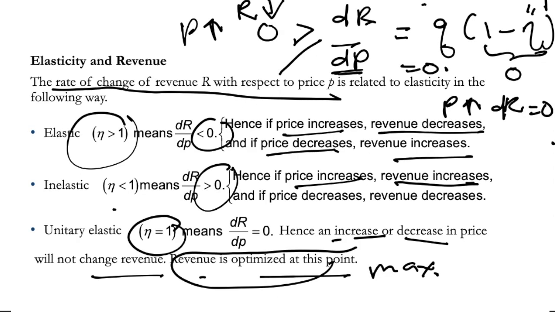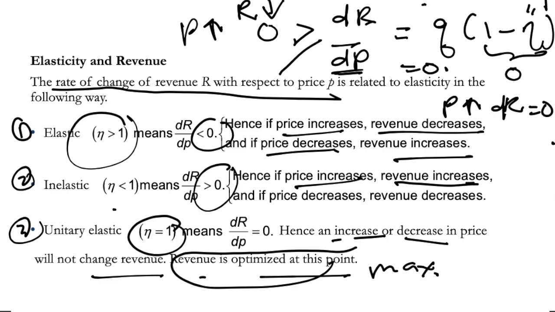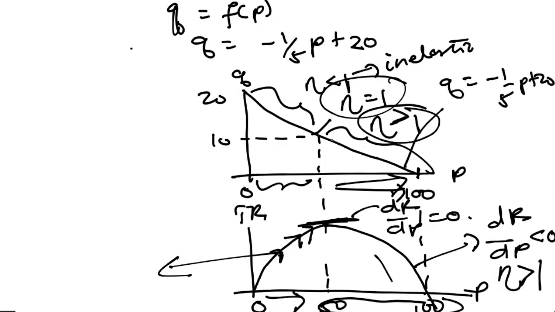Alright, so number 1, number 2, number 3. If I try to label number 1, number 2, number 3 in this graph, number 1, elasticity is more than 1. Number 1 here, number 2 here, number 3 here.